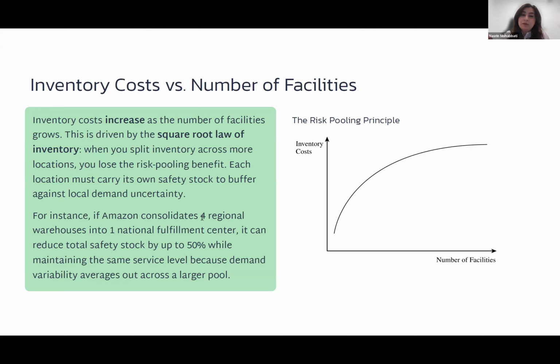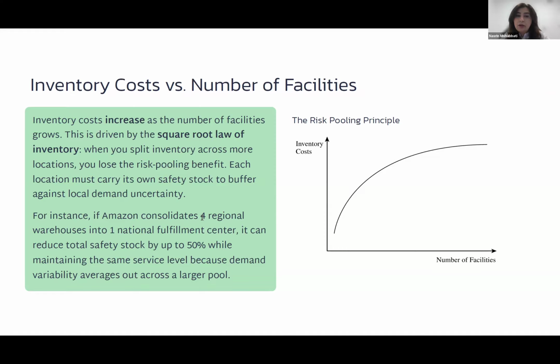So better response time, more facilities, but higher inventory cost. So for each facility, we have to keep product in those facilities. But also for each facility, such as a warehouse or a distribution center, we have to keep extra inventory, which is known as the excess inventory or safety inventory, safety stock or buffer stock.